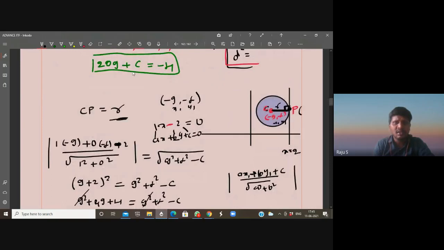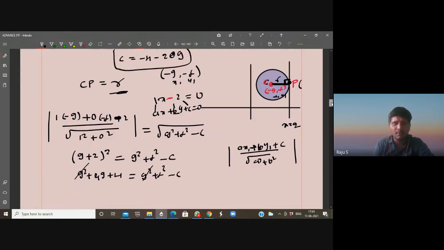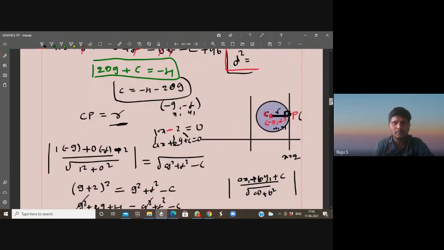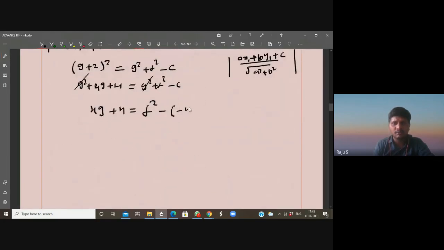From this equation, shall I substitute c is equal to minus 4 minus 20g? Shall I replace this c value over here? Minus 4 minus 20g. So 4g plus 4 is equal to f square minus of minus 4 minus 20g, plus actually.